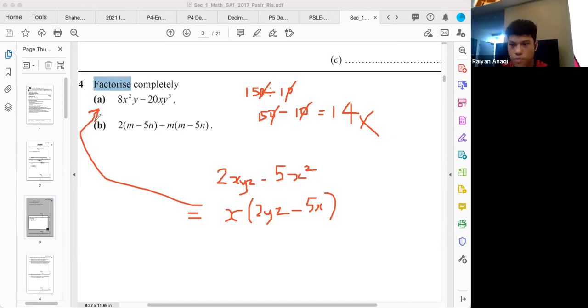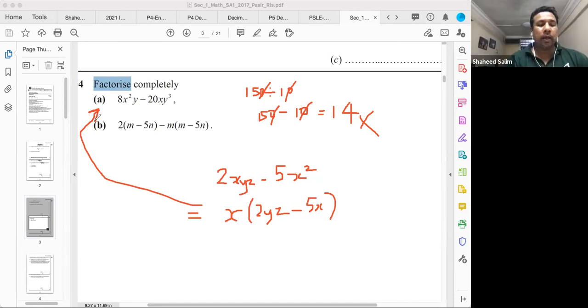Okay, WhatsApp. Let's see. So this one down here is 8x squared y, there's no minus y there. Okay, but in your working down here, they put minus y.